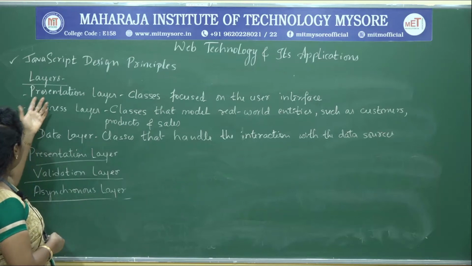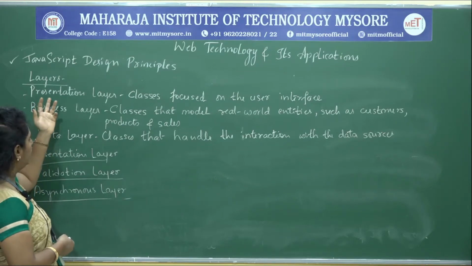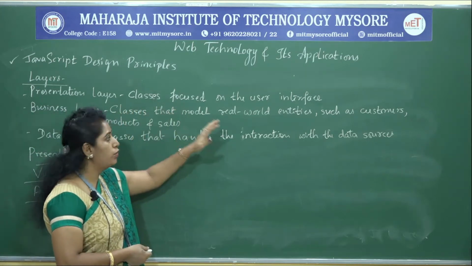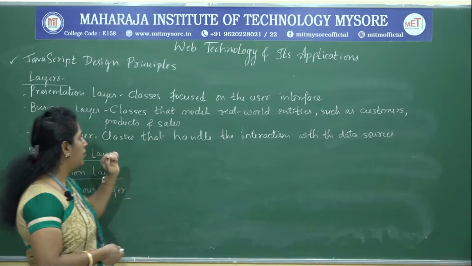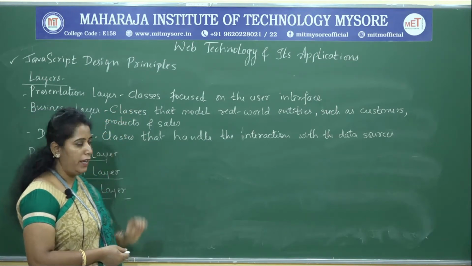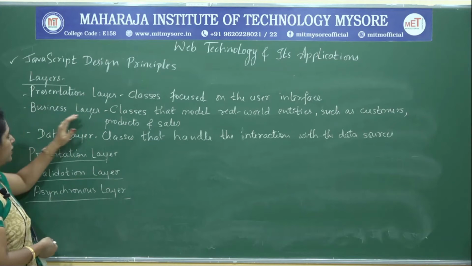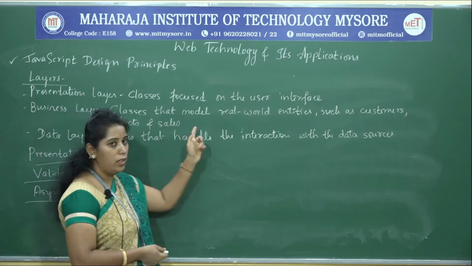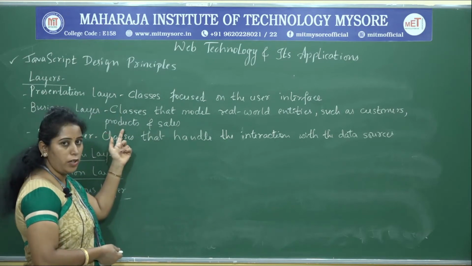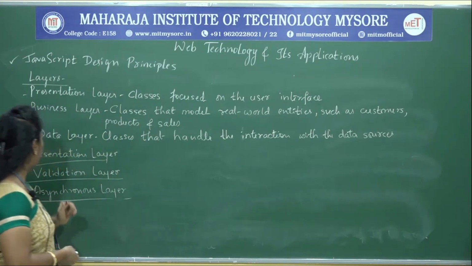There are three types of layers. Presentation layer, which has classes focused on the user interface. In the sense, it is used for the purpose of the user end. Business layer, classes that model real world entities such as customers, products and sales.